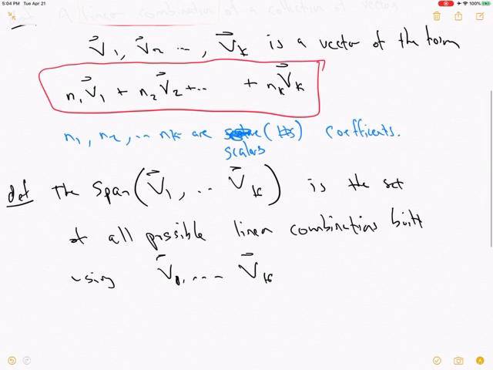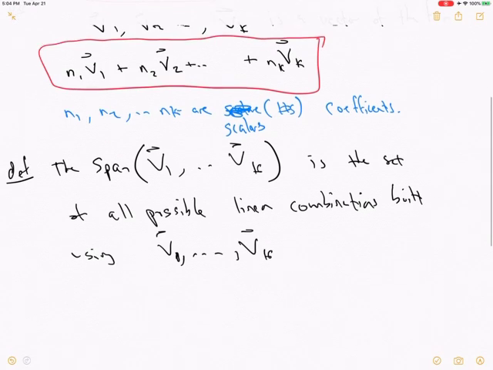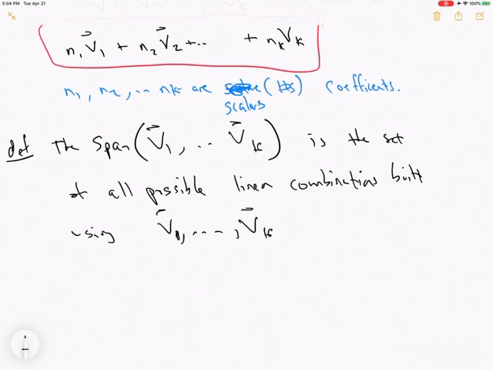If you give me k different vectors, then using vector addition and scalar multiplication, you can build new vectors. Any one vector would be a linear combination. The span is all linear combinations, so the span is all vectors that can be built.